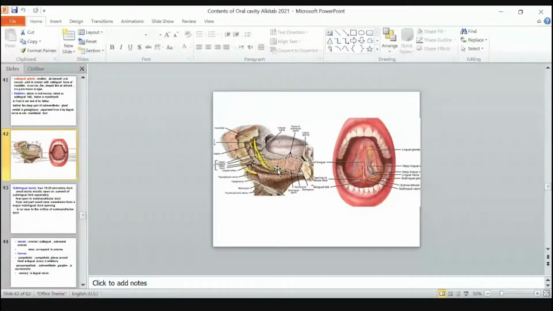The parotid receives parasympathetic from the otic ganglion, while the other two, submandibular and sublingual, receive it from the submandibular ganglion. The sympathetic supply for all of them is from the superior cervical sympathetic ganglion. Sensory supply for both submandibular and sublingual is the lingual nerve, while for the parotid it is the auriculotemporal nerve.